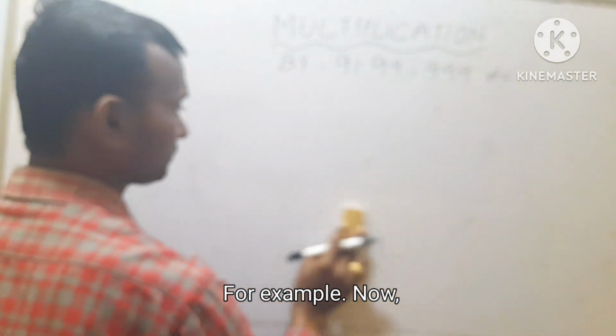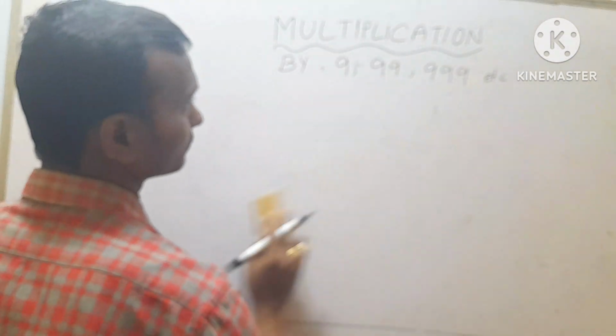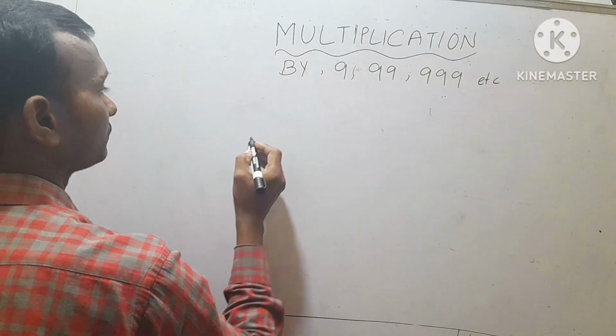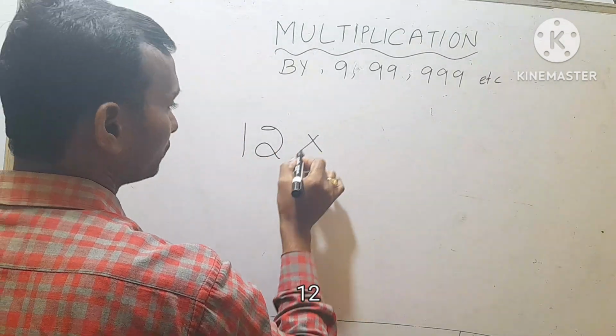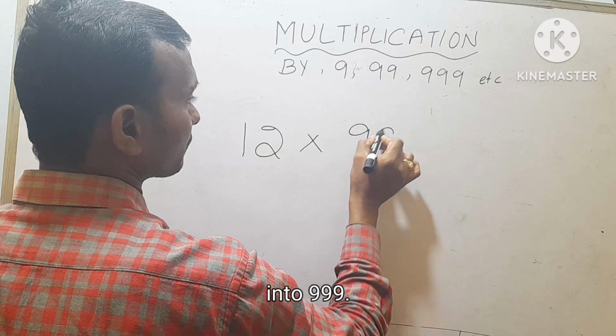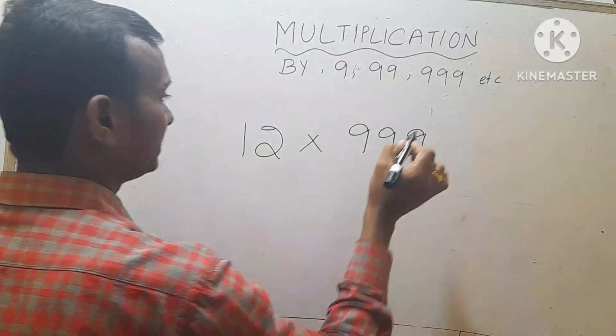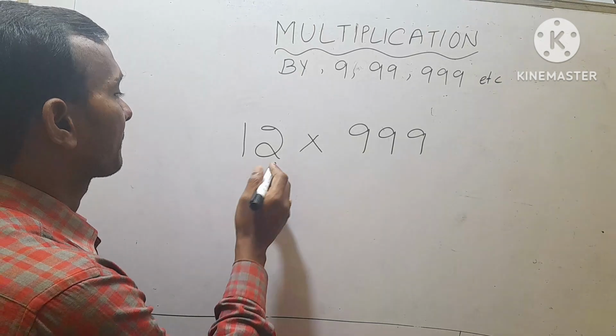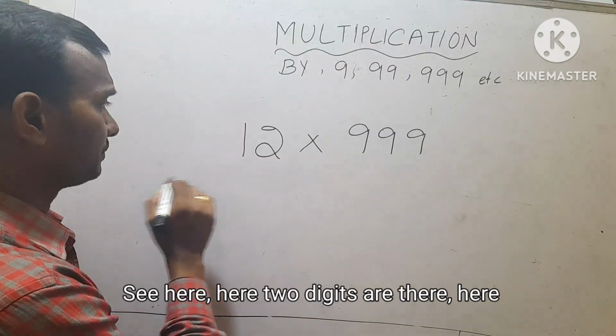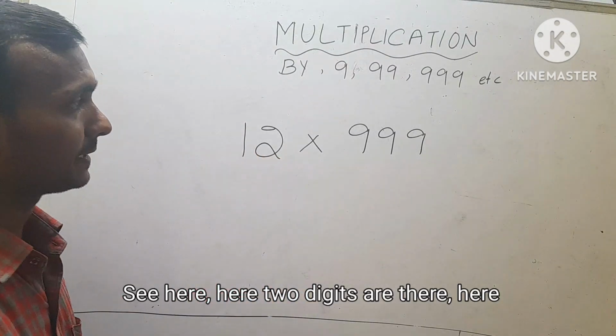For example, now 12 into 999. Is it possible? See here. Here 2 digits are there.